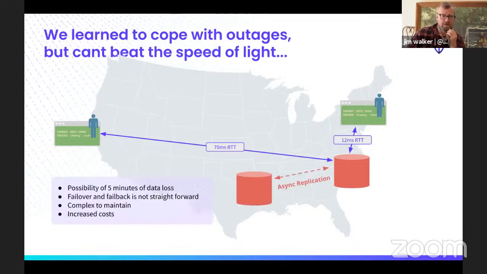Now, we also had to deal with outages. So we had a primary and a backup system, a primary and secondary, doing async replication. It's super expensive and difficult to maintain. The failover from primary to secondary actually becomes a problem. You have new latency introduced to various different users. It's complex, it's costly. And so there's a new way of thinking about this.